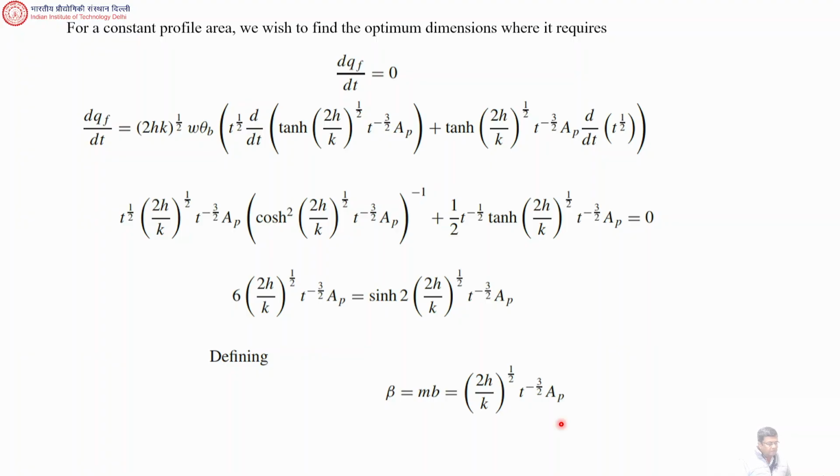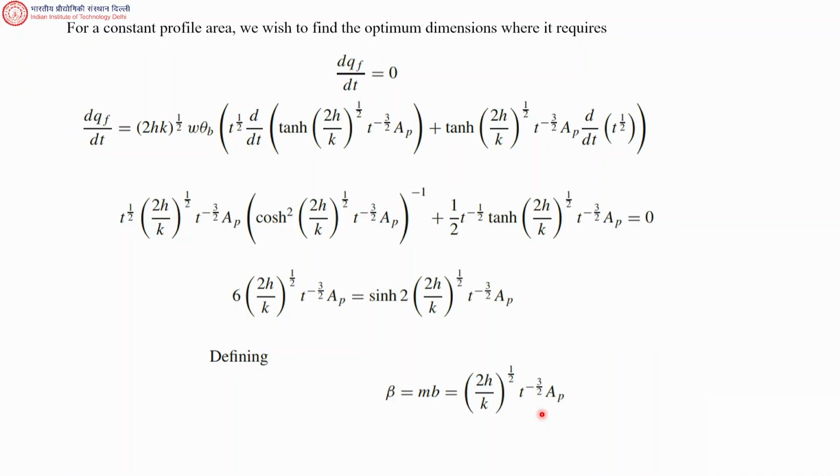Now mb has been written in terms of h and k, isn't it? Remember, m is the square root of hP over kAc.